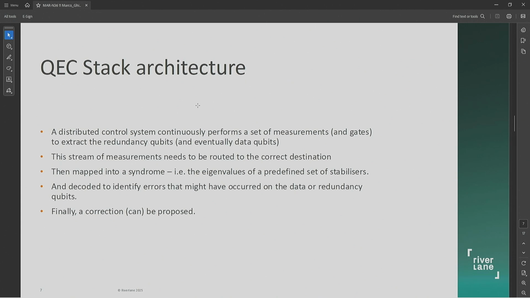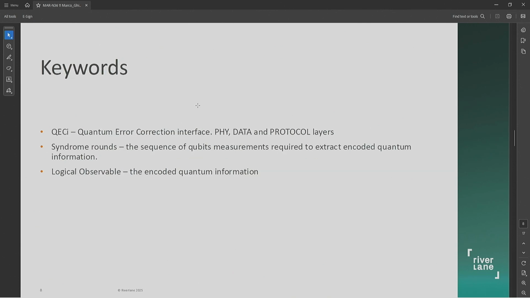These measurements then need to become the input for the decoder, that is a syndrome. And finally, we need to be able to perform the conversion and the decision on the fly. Finally, in some circumstances, like when we're performing a logical T gate, we need to propose back a correction to the control system, and the control system needs to be able to perform it.